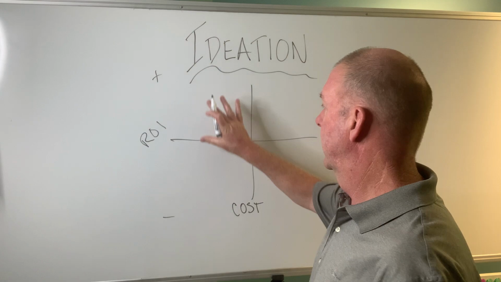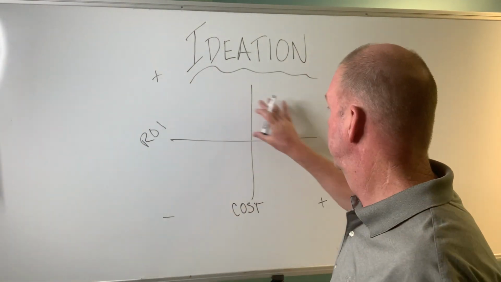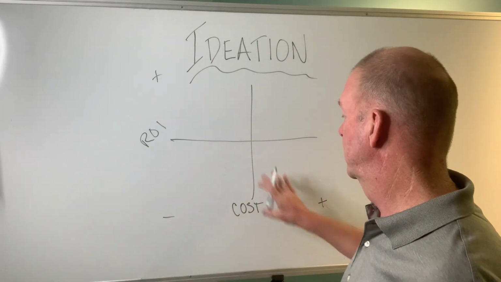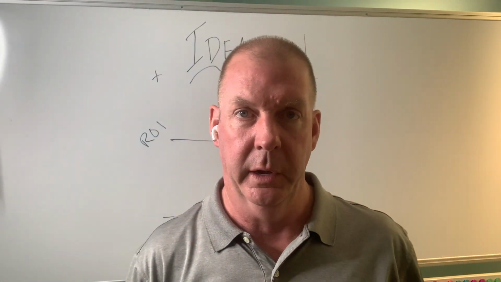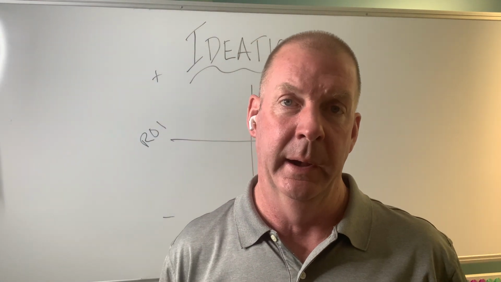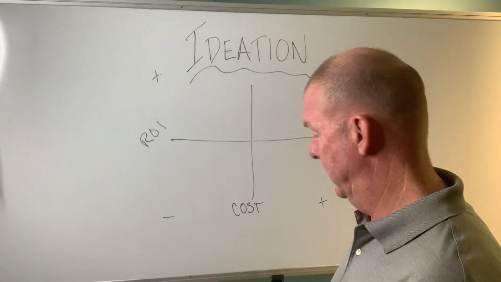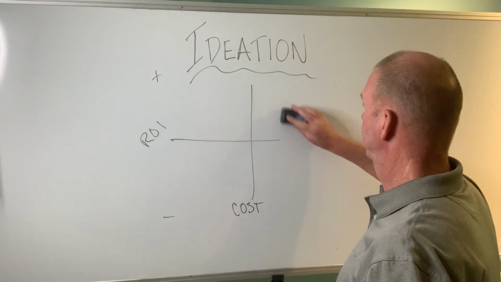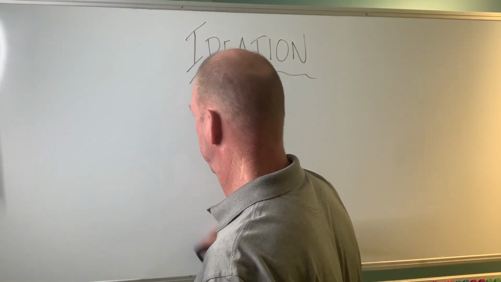Going through that exercise of plotting the ideas and defending where you're placing them lets you see if you have diversity to look at. You can actually select an idea that matches what you're able to accomplish based on cost and ROI. But let's talk for a second about why this is important, and what we're looking for.